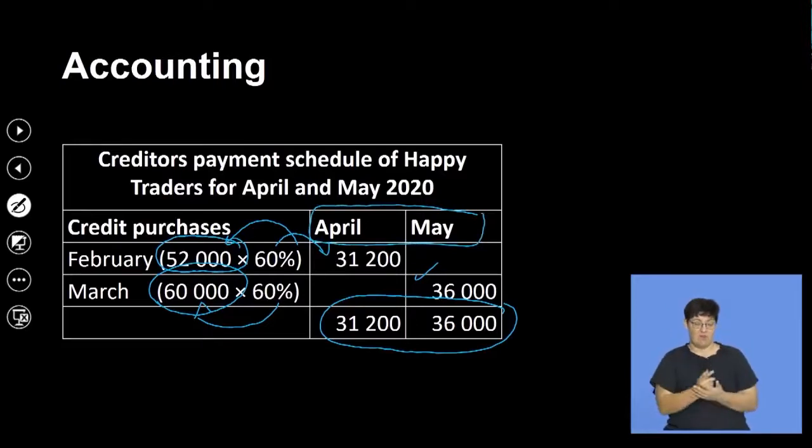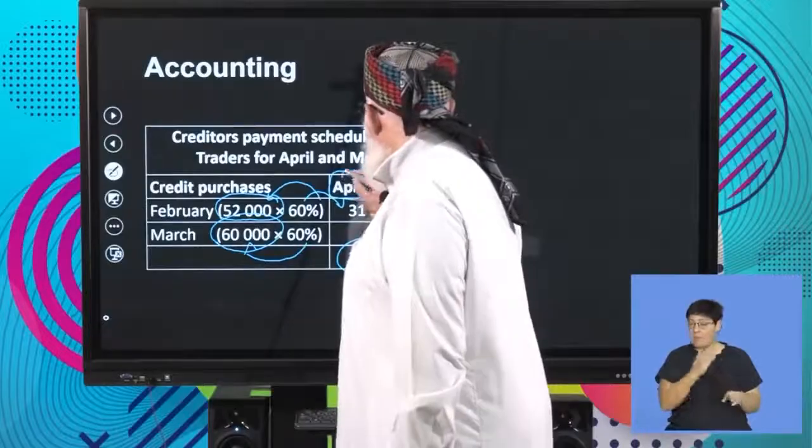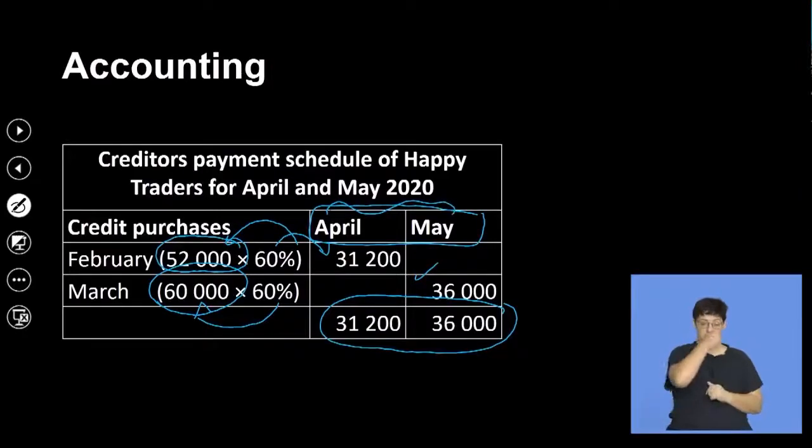Now once again, what's important in terms of our calculations? Firstly, look at the budget period. What period are you working for? You're working for the period April to May, right? Number two, which months will impact on April and May?